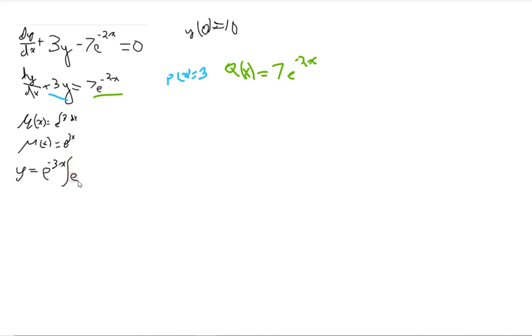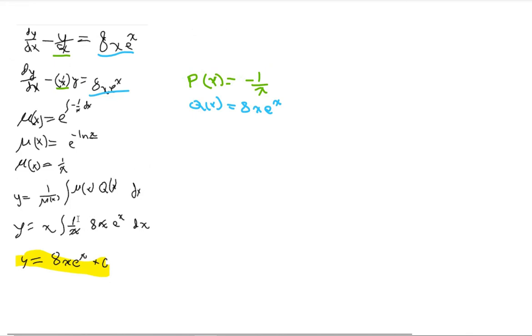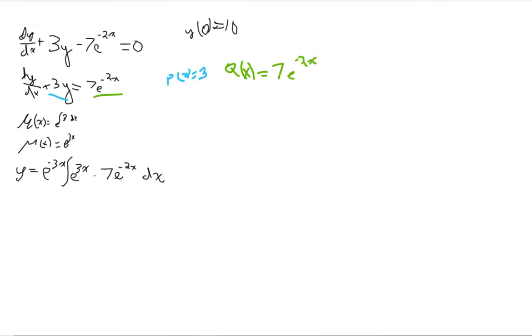Integral of mu, e to the 3x, times q. q is just 7e to the negative 2x. Now in this case, there's no x's to cancel out. Remember in the last one, the 1 over x times the 8x, the x canceled nicely, and we didn't have a nasty integration to do. But in this one, we can't cancel any x's, but we do have like terms, so we can combine our e's.